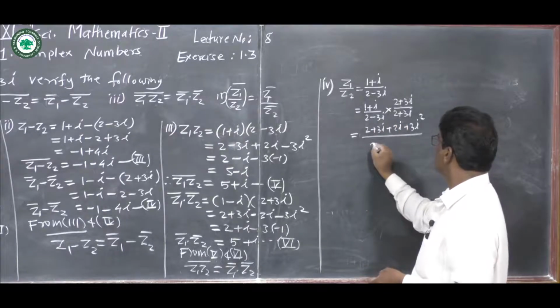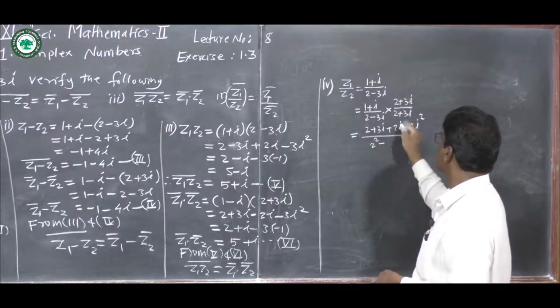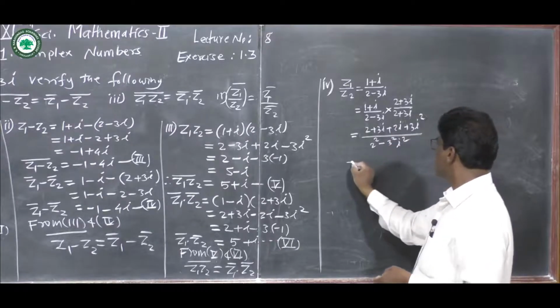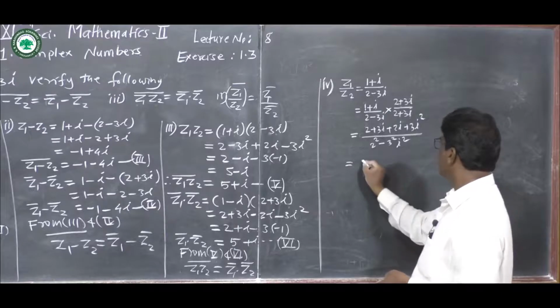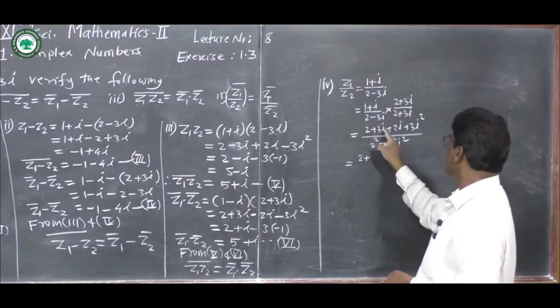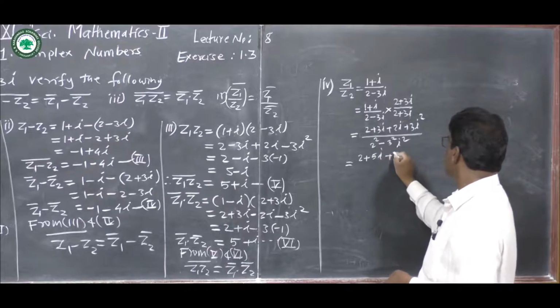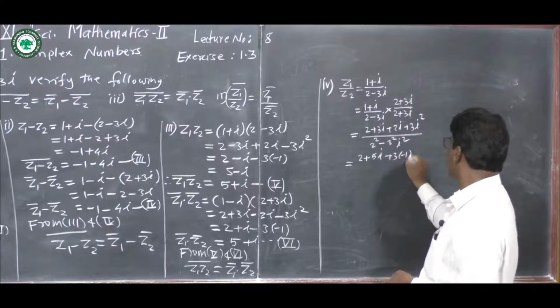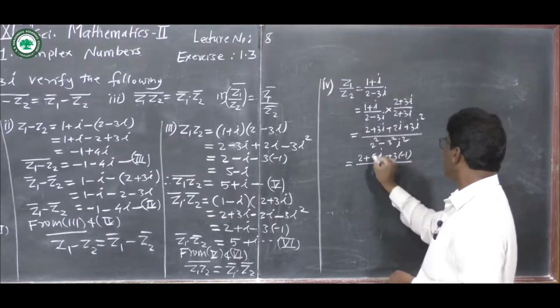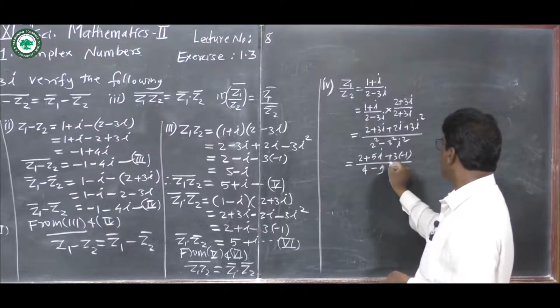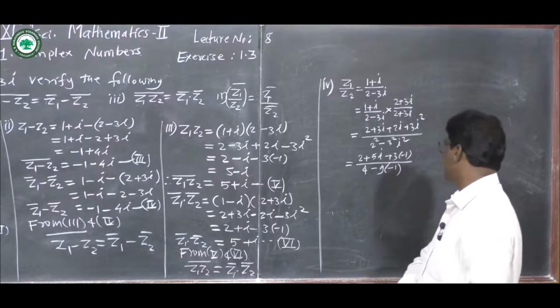A means here 2, so 2 square, minus b means 3i, 3 square and i square. So it is equal to 2 plus 3i plus 2i, that is 5i, and plus 3 i square, i square is minus 1, divided by 2 square is 4, minus 3 square is 9, and i square is minus 1.